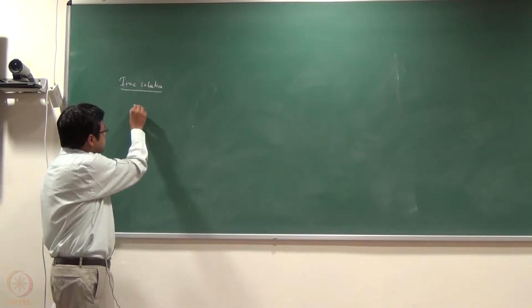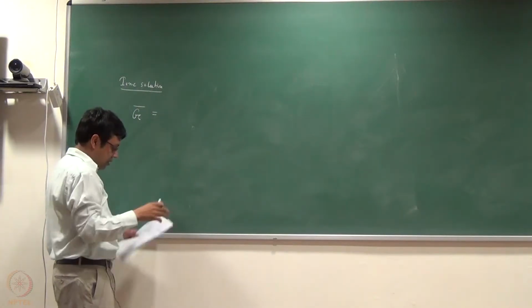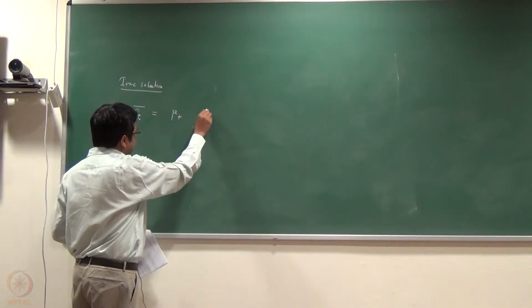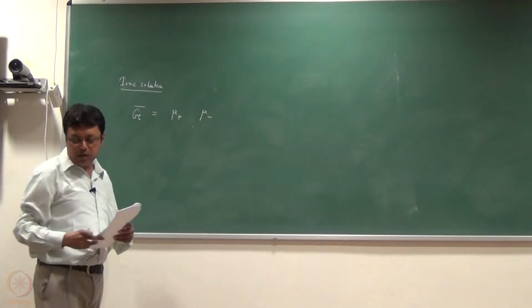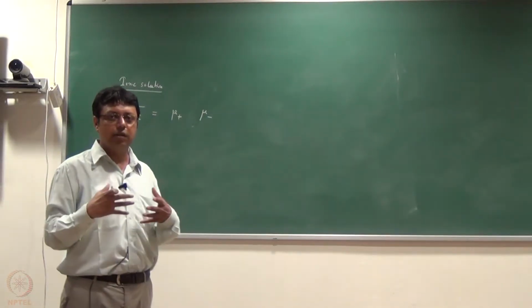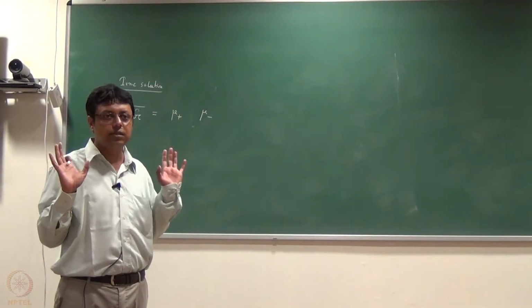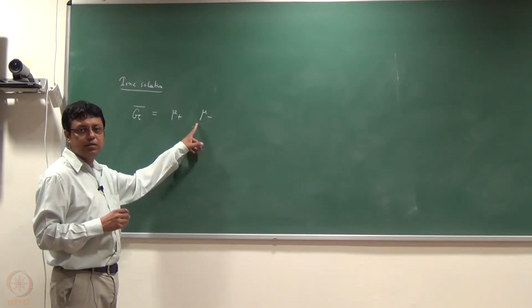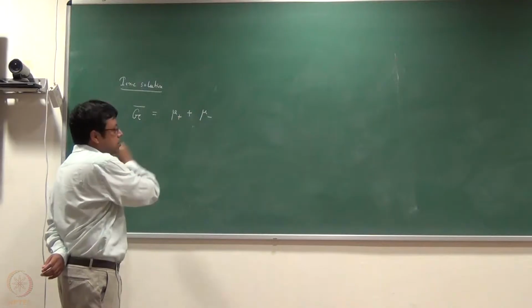Now the molar Gibbs free energy I can write as basically the free energy for the cations plus the free energy for the anions, because energy is additive, as simple as that. Mu plus I will write for cations, mu minus for anions. So the Gibbs free energy is basically additive.